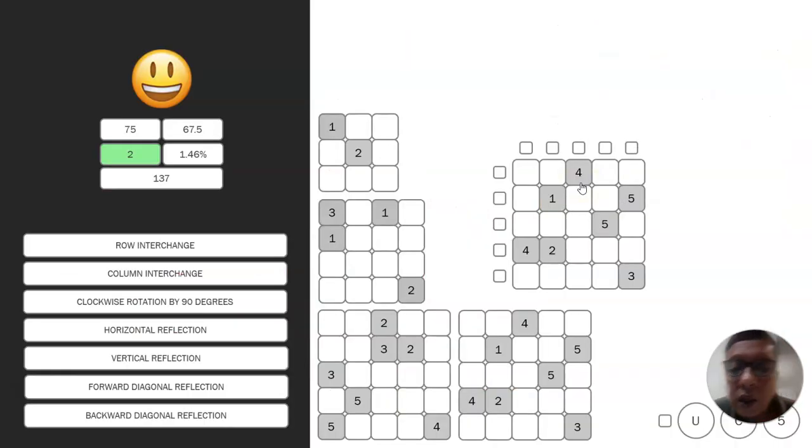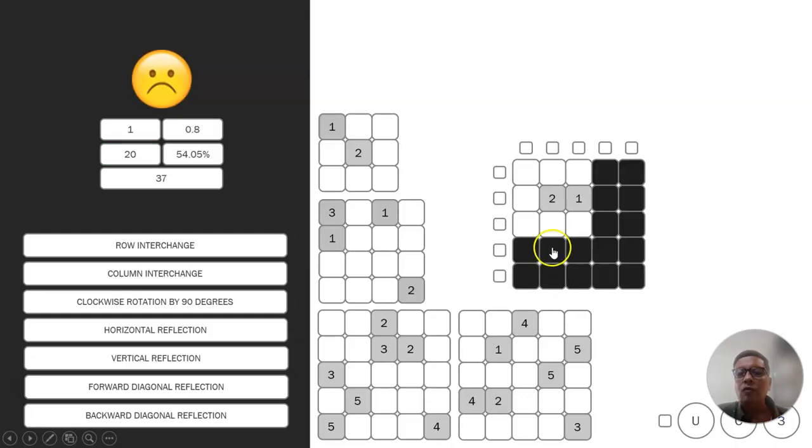Now I was working with the critical set of Latin squares. If you go to order 3, this is not a critical set. Okay, this is not a critical set. My emoji is not smiling, but this, 2 and 1, is a critical set because you can deduce the rest of the entries from these given two numbers.